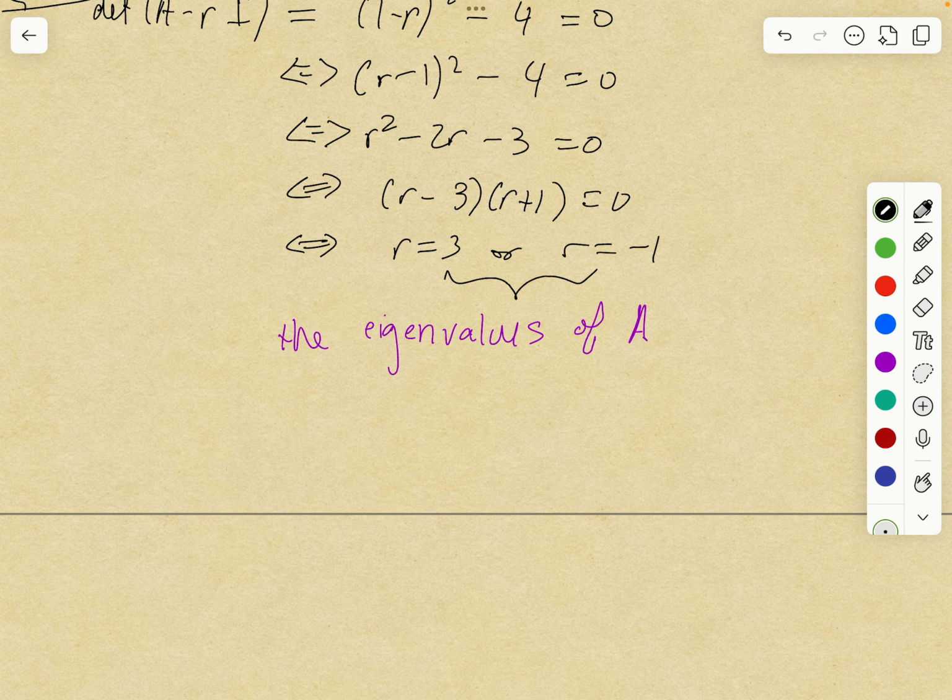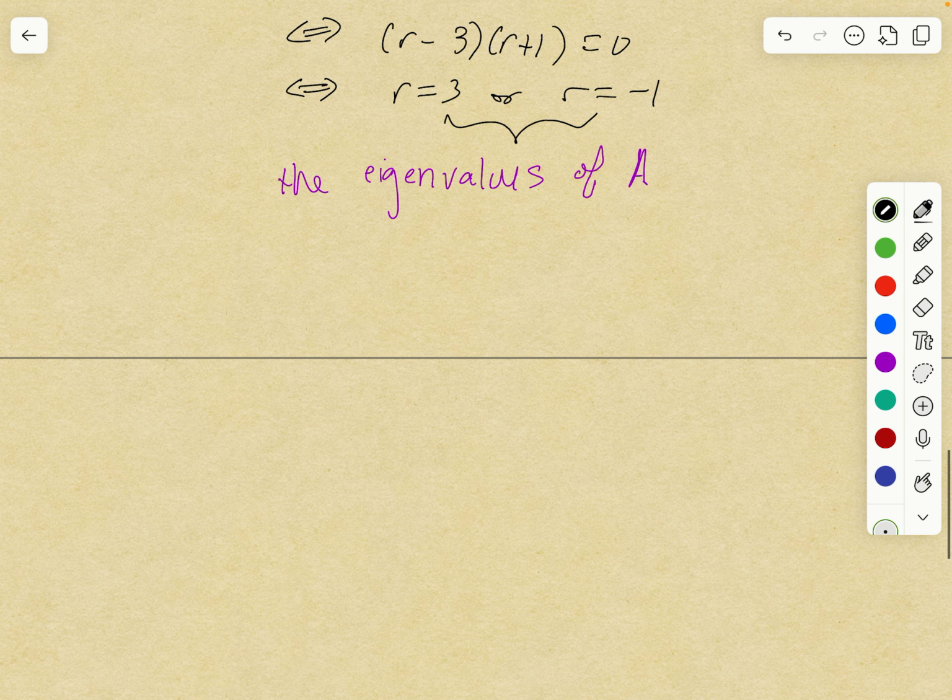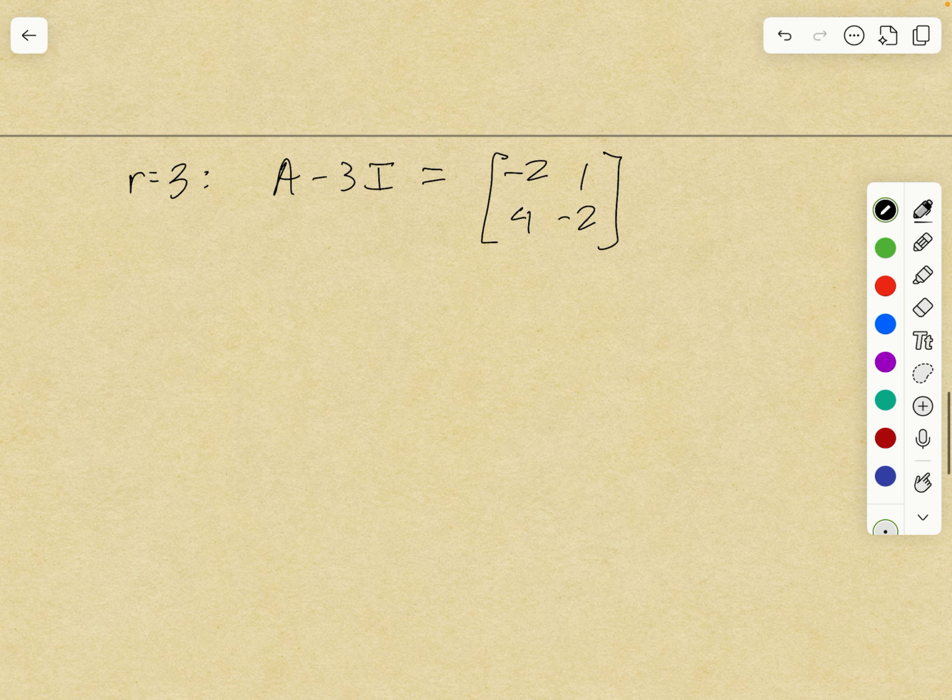And now we do our linear algebra stuff. So for r equals 3, we need to find A minus rI, so A minus 3I is going to be negative 2, 1, 4, negative 2, right? And we need to find an eigenvector. So we need to find a vector in the null space of this.